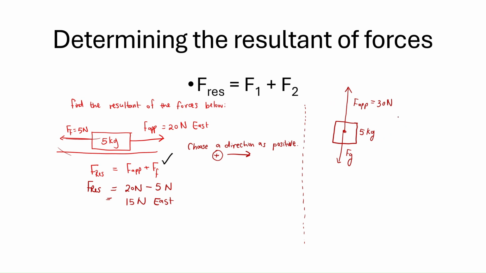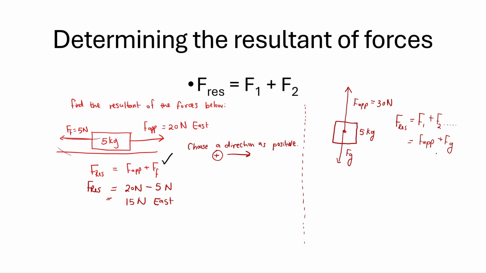Well, it's quite simple. The first step, as you guys know, is always going to be writing down the formula. So F resultant is equal to F1 plus F2, etc. And we are going to replace the F1 with our F applied, and we're going to replace the F2 with our force of gravity.